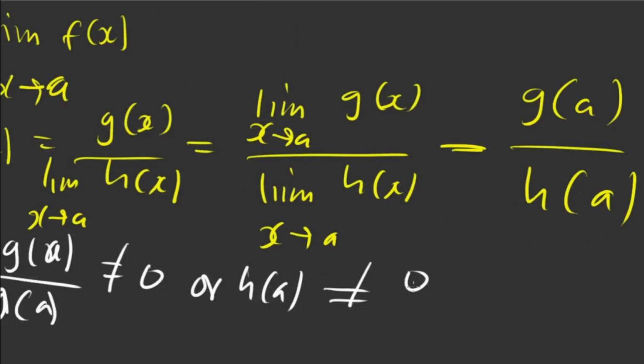So that means if g of a divided by h of a, if you find 0 over 0, then you need to try to simplify it before you substitute. Or if it's, let's say, a over 0, you also need to simplify it before you substitute, because it's undefined at that particular point.